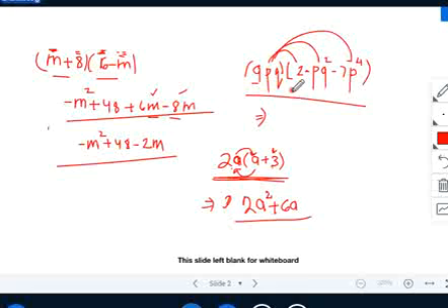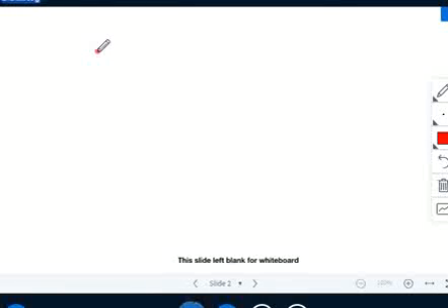Okay, now see this one. Expand and simplify. m plus 2n multiplied by m minus n.